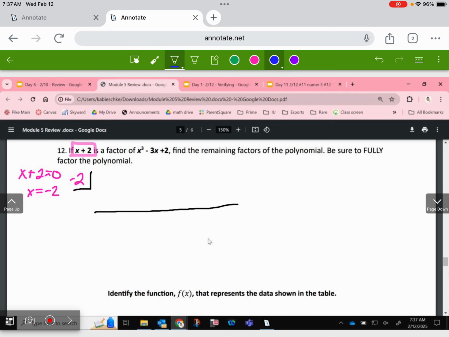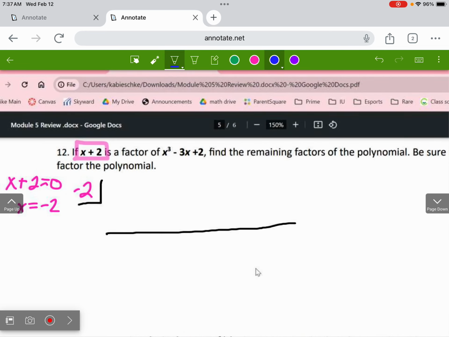What numbers are we going to have going across when we set up our synthetic division over here? Like this? Bless you. We have to put in a 0. We have an x cubed, and then we jump all the way down to x's.